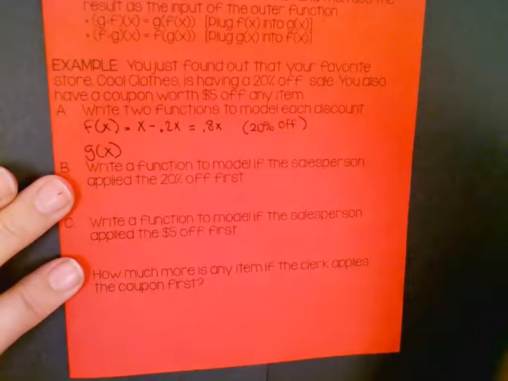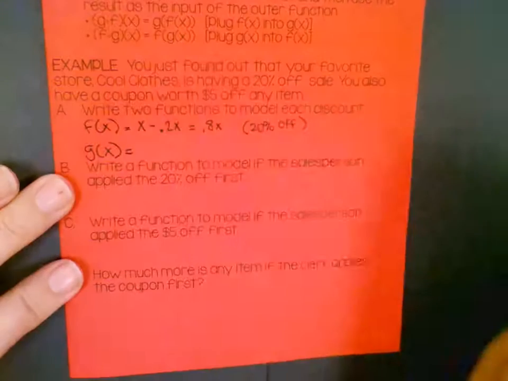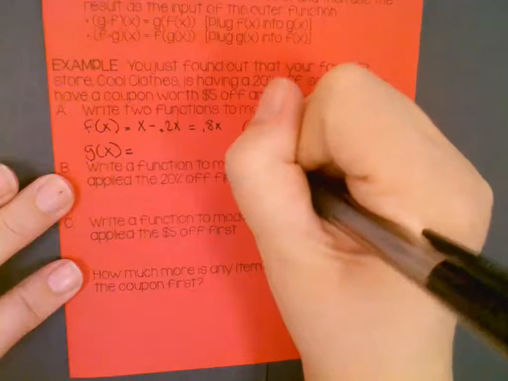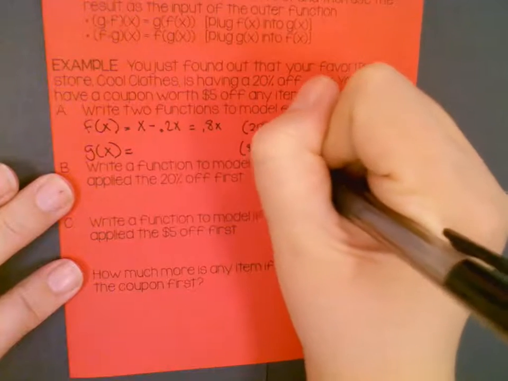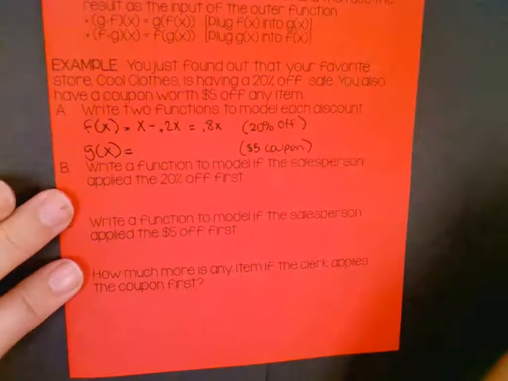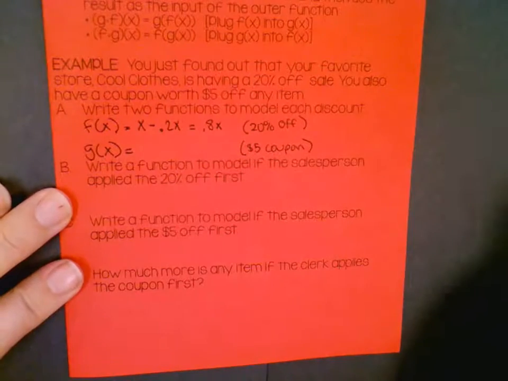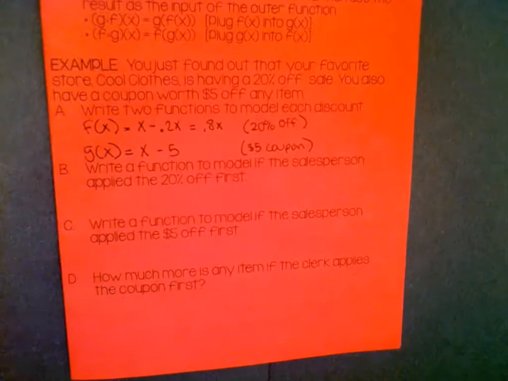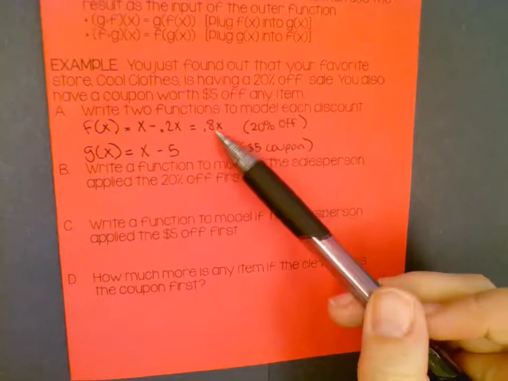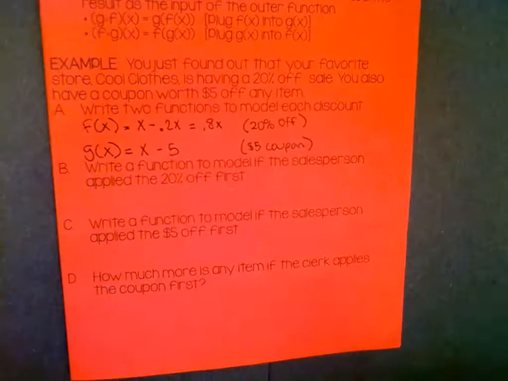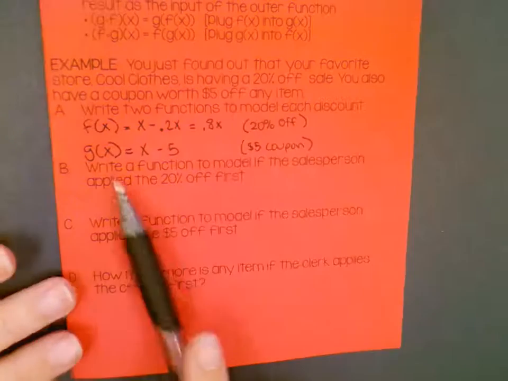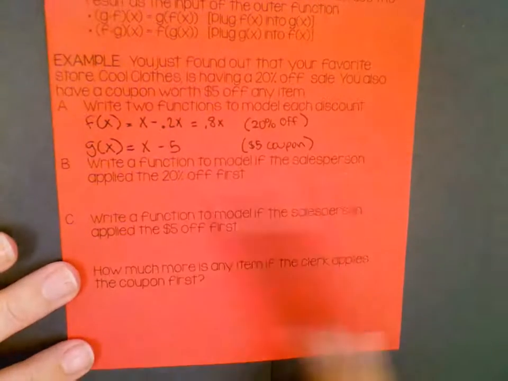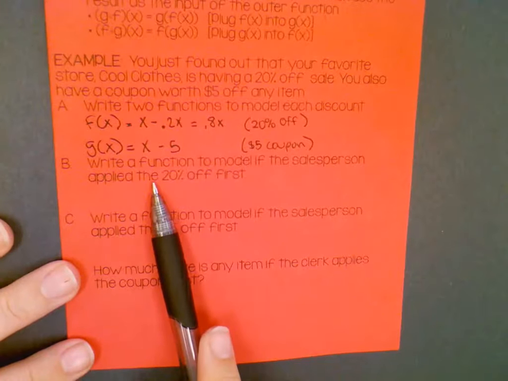Our other one is for the $5 coupon. With a $5 coupon, we just take $5 off of whatever our total. So it'd be the total minus 5. So there's our two functions. 20% off, $5 off.